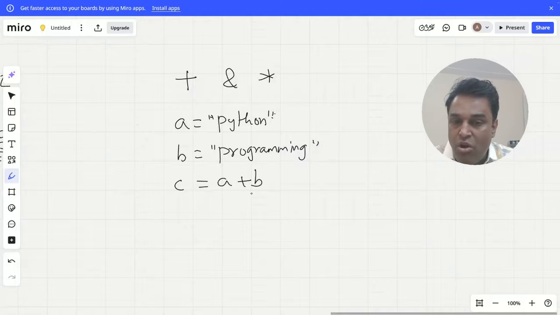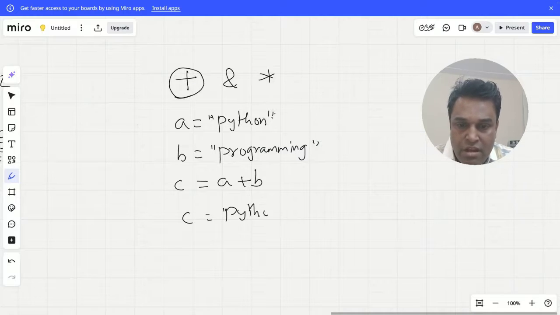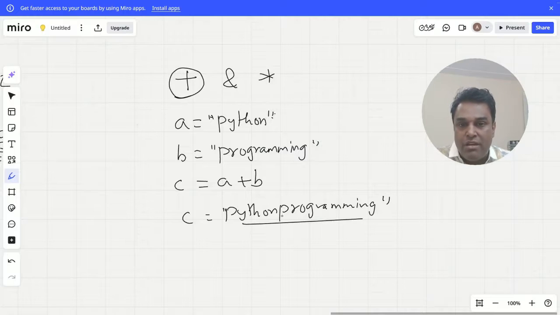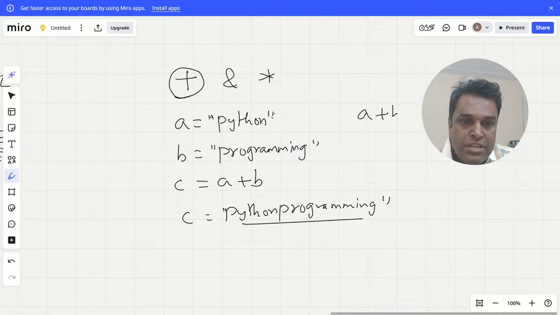Now this is not an error. Python also uses this operator for joining two strings. So what will c have? c will have Python and then programming, with no space, because we are straight away joining the two strings. If there were a third variable, it can be a plus b plus c.